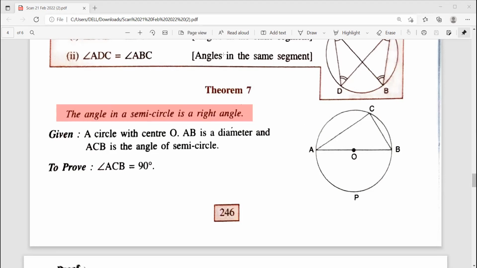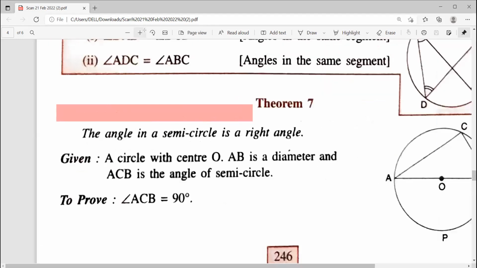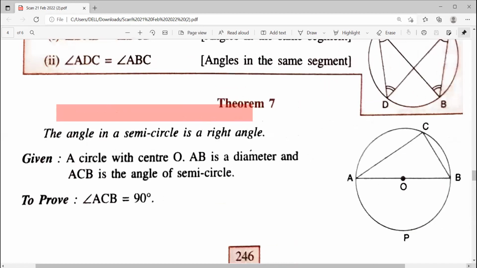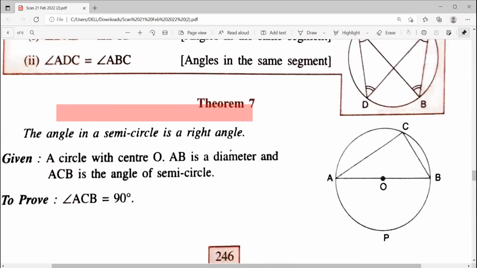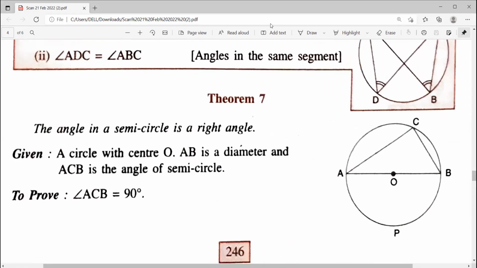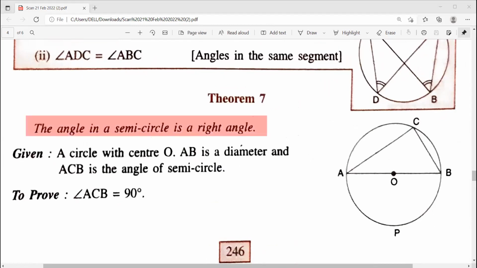So students, you can check here that you have a circle with the center at O. AB is the diameter of the circle.